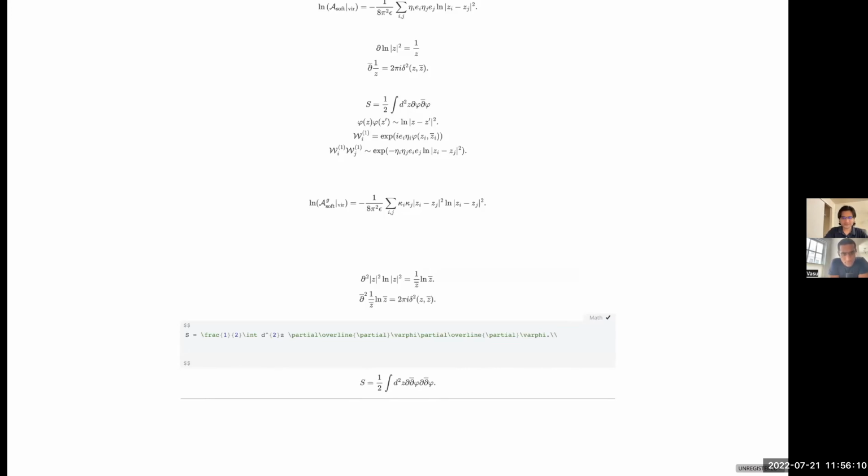So the rest is, I guess I should use a different symbol. I can use just phi.